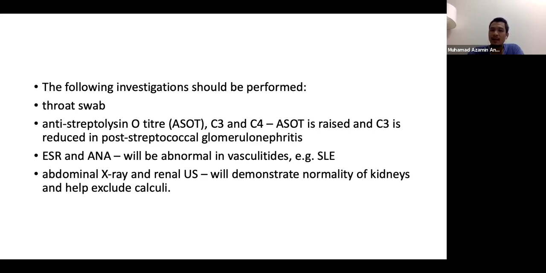Okay. If the throat swab is positive for streptococcal infection, then you don't need to depend on the ASOT to put down the diagnosis of post-strep AGN. So if the throat swab is positive for strep, then this is likely to be streptococcal infection that caused the glomerulonephritis. So you don't need to wait for the ASOT to make the diagnosis. Okay.